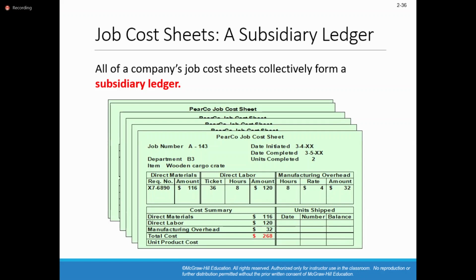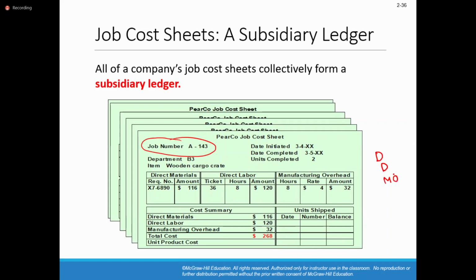So all jobs have unique numbers and all jobs have components of direct materials, direct labor, and manufacturing overhead. You see these things for each of the jobs. For each job, you will have some components used for direct materials, some components of direct labor, and also you have applied the manufacturing overhead.